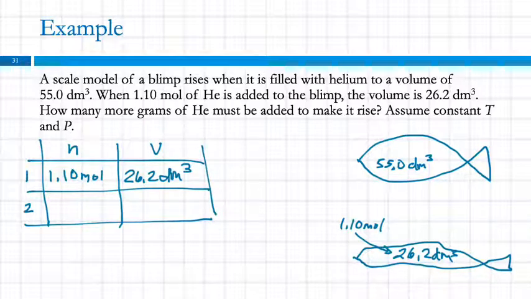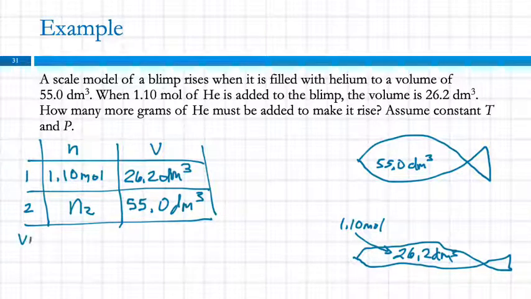And up here, we want the volume to be 55.0 cubic decimeters. So we can solve for N2. N2 is the amount of gas in moles when it's floating. That's not the direct answer to the question, how many more grams do we have to add? But it's a step in the right direction.